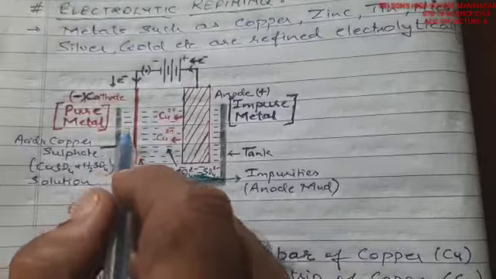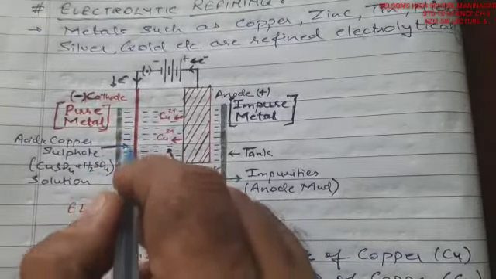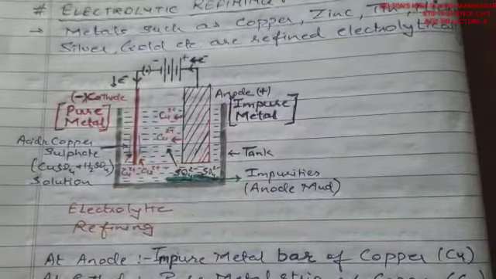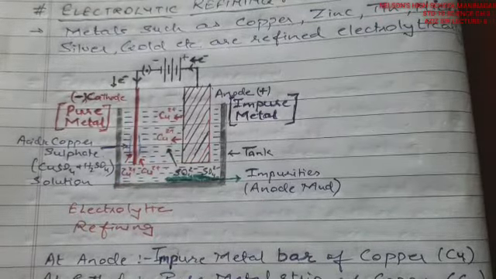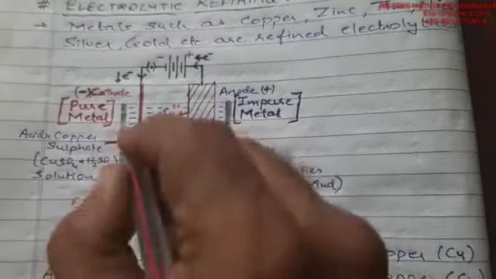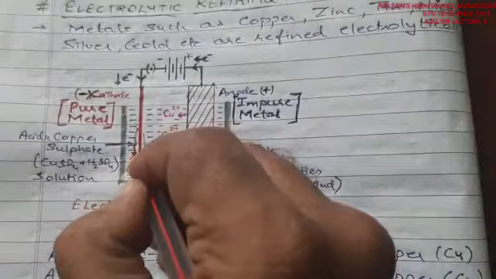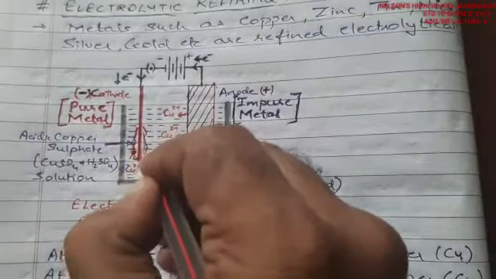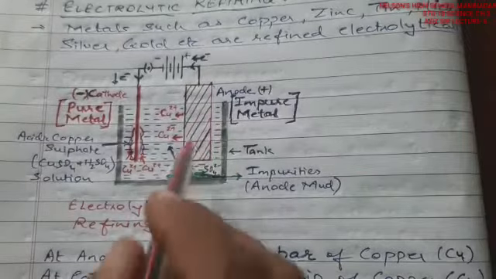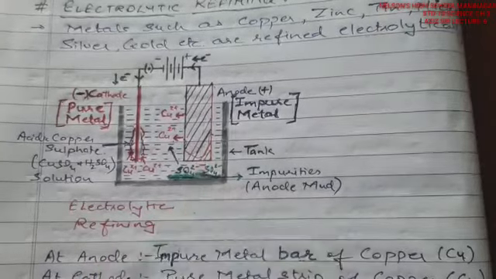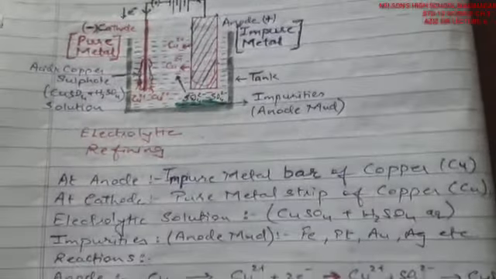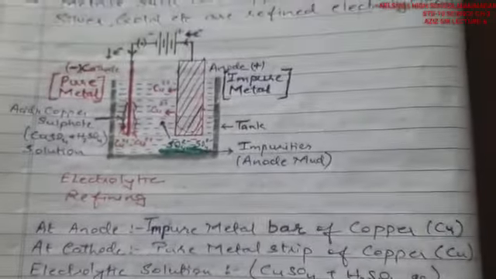So the copper from the solution goes to the pure metal, and from the impure metal it gets back to the solution. You can see the accumulation of pure copper here at the cathode, while the anode gets degraded and the copper keeps accumulating continuously.